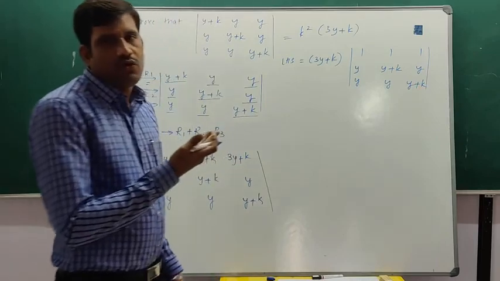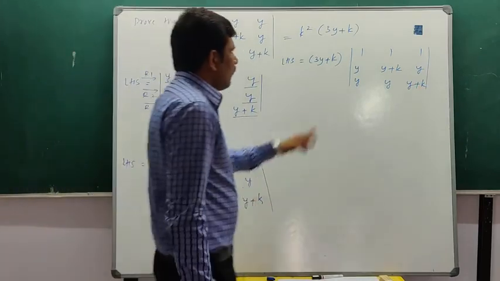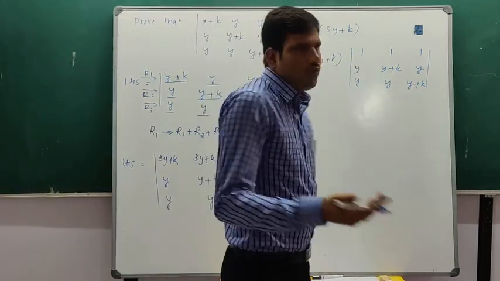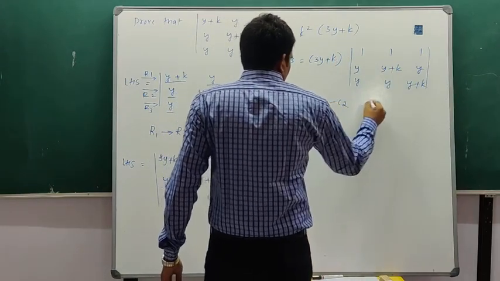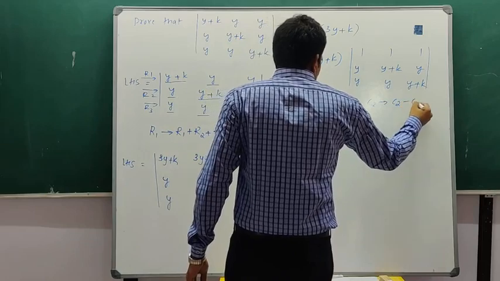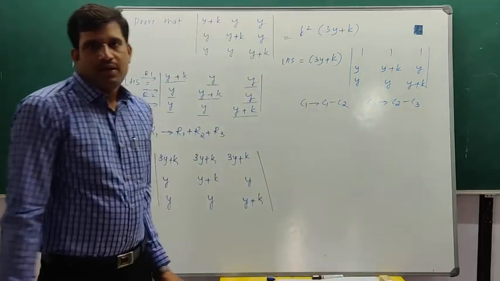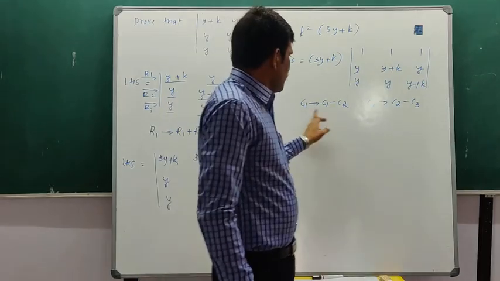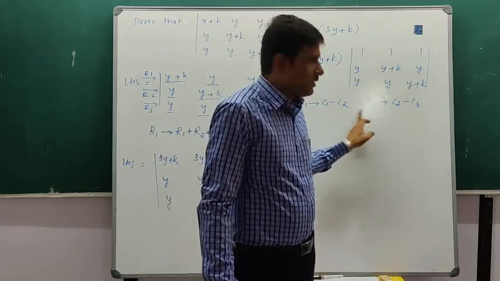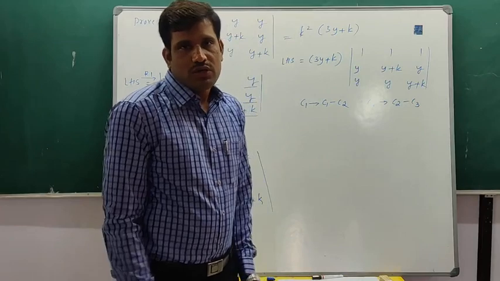Next, in the first row, all the elements are equal to 1. When all the elements in a row are equal to 1, as I already told you, we do the operation C1 changes to C1 minus C2, C2 changes to C2 minus C3.